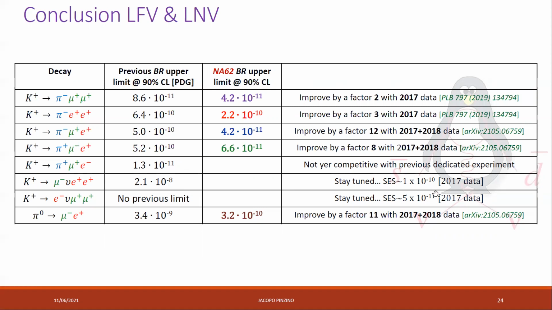We get up to now, with just 2017 data, sensitivities of respectively 1 times 10 to the minus 10 and 5 times 10 to the minus 11, and especially for the second one, there is no previous limit from previous experiments. Another interesting result is π0 μ− e+, where we get an improvement of factor 11 using both data samples with respect to previous experiments.